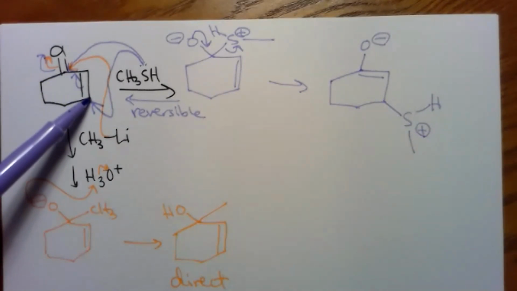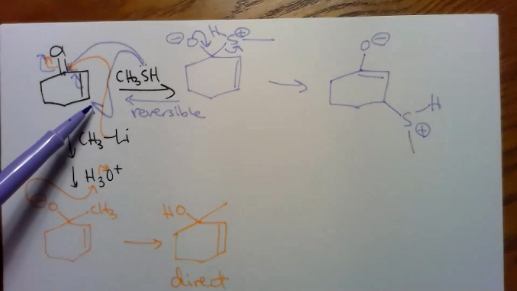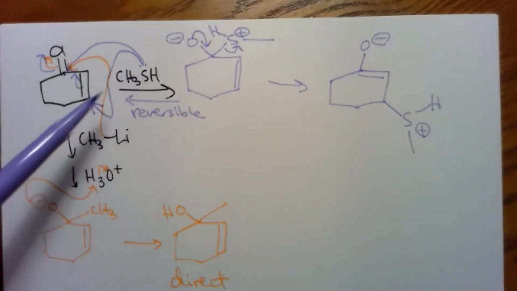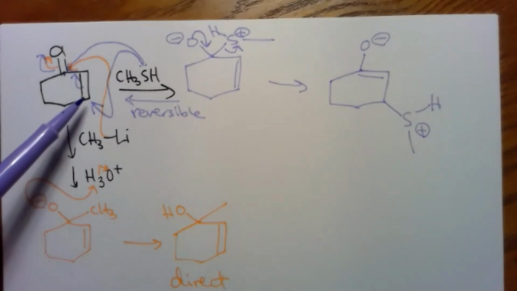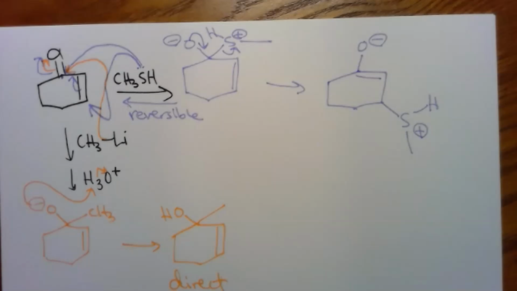Comparing these 2 partial positives, this one's a greater partial positive, this one's a lesser partial positive. Slow patient nucleophiles can attack the lesser partial positive. The fast and furious ones attack the first available positive no matter what.